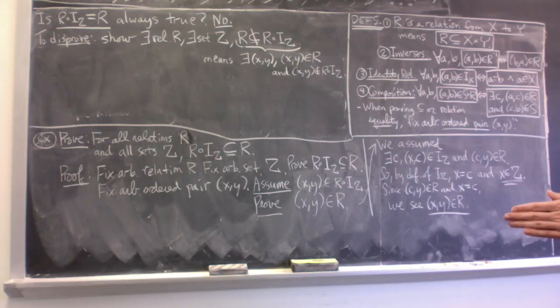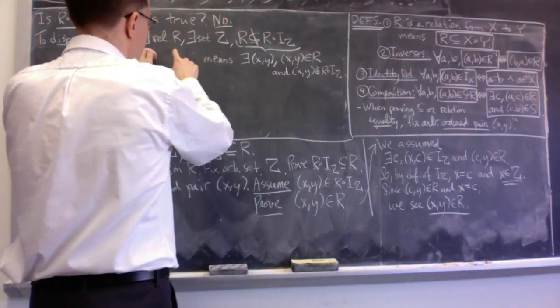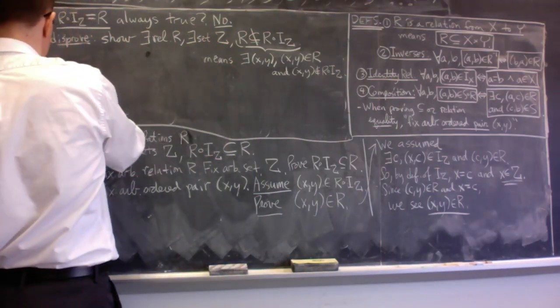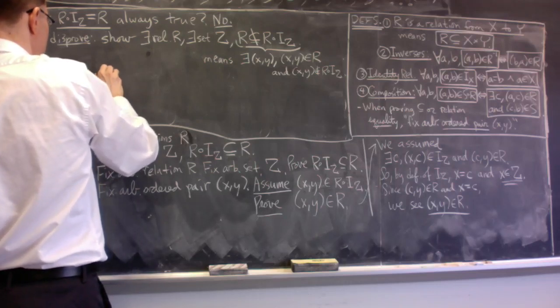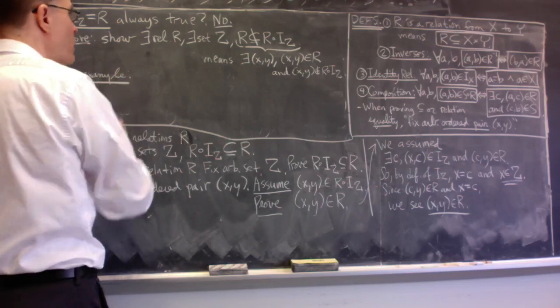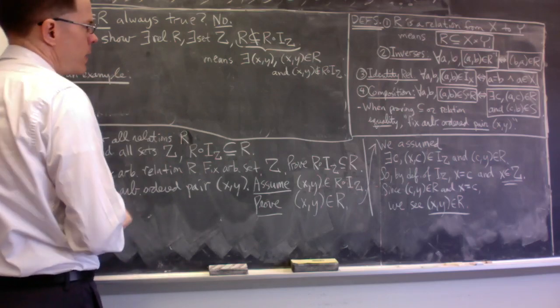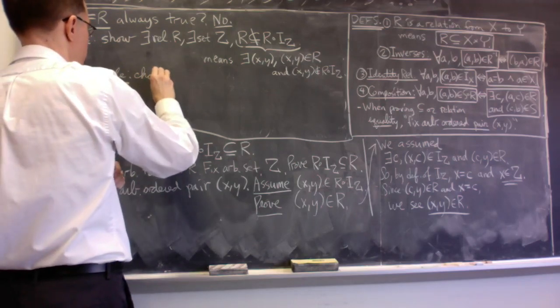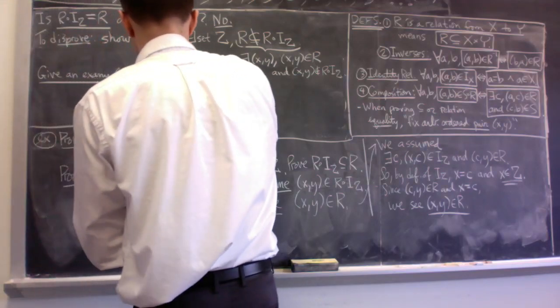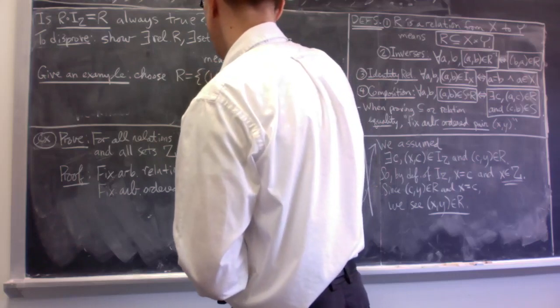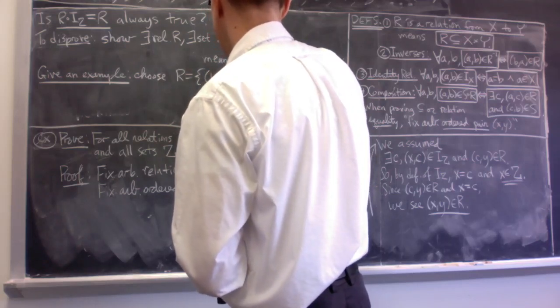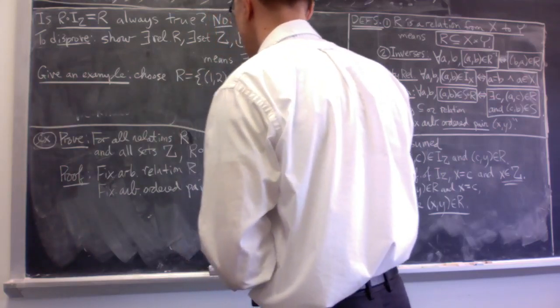Okay. Well, we can do that by using an example. There are all these existence statements, so give an example. Choose an example. There are lots of things, but let's just choose something kind of easy. So I'll just make an R. Maybe R is like (1,2), (2,3). Little tiny relation there.